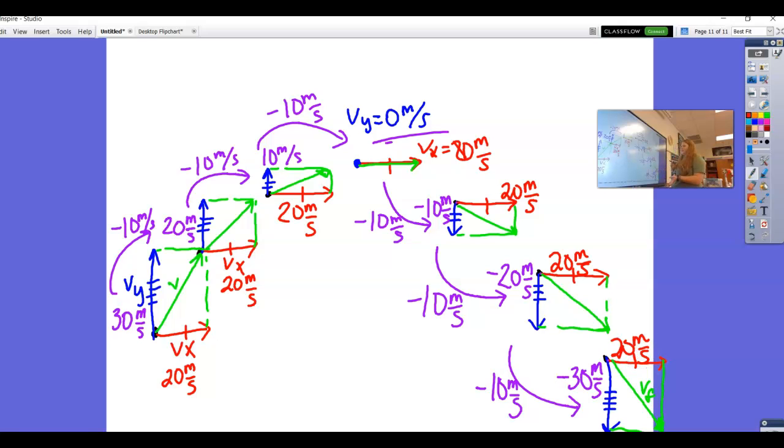Now, with that being the case, now that I know my x and y, we're going to do what we were doing in the very first unit, and we're going to be able to use Pythagorean's theorem to find the overall velocity.